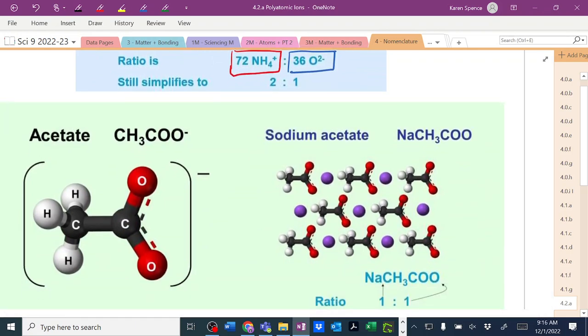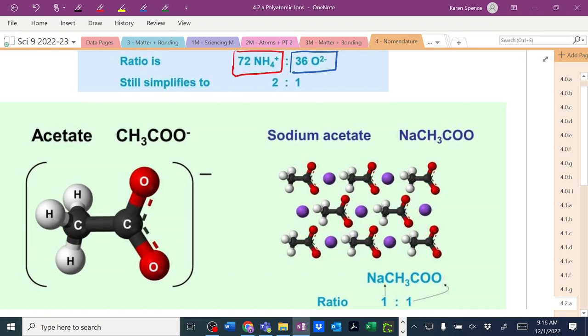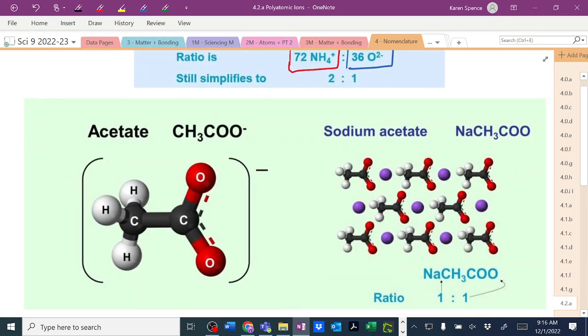Now here we are, we have acetate. Here's acetate. And it has sort of a funny look to it. It has a carbon, which is attached to 3 hydrogens. 1, 2, 3. And it has a second carbon, which is attached to 1, 2 oxygens.